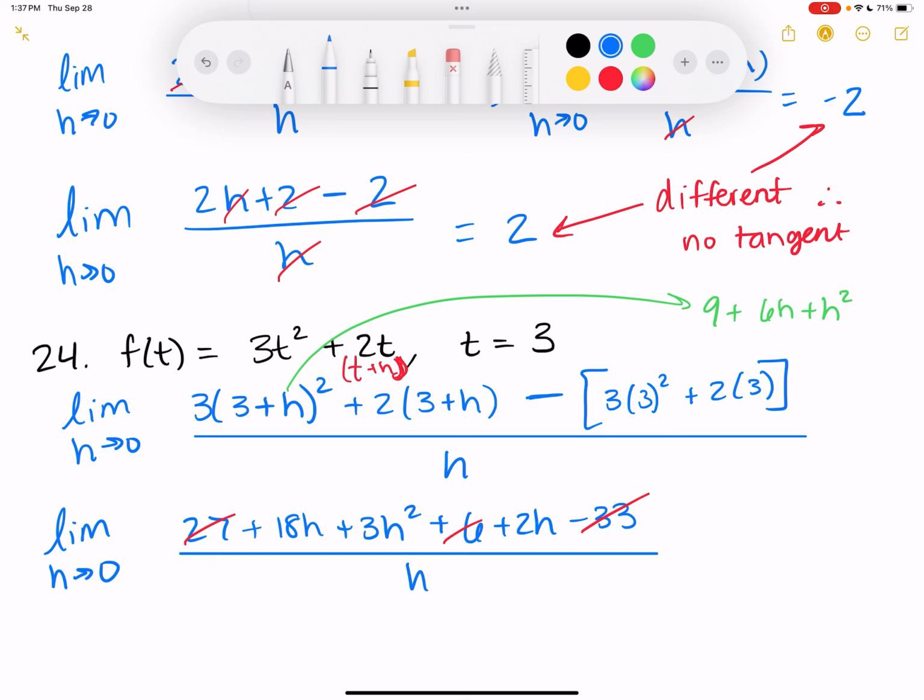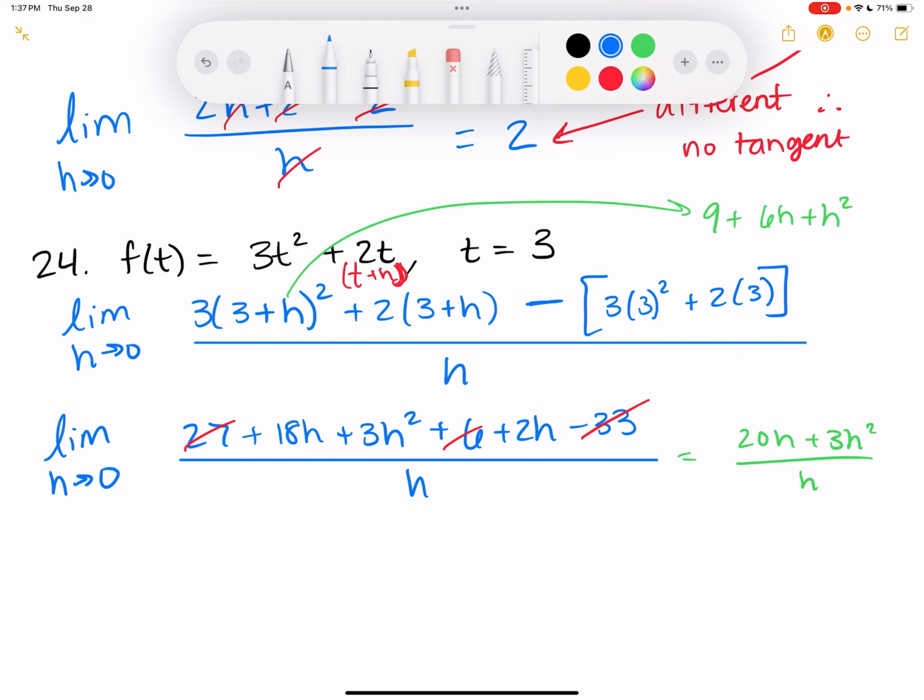And so then I'm going to rewrite this off to the side here, and then do the limit altogether. So that's going to be 20h plus 3h squared over h. And so when I factor the h out, I'll rewrite my limit. So the limit as h approaches 0 of h times (20 plus 3h) over h.